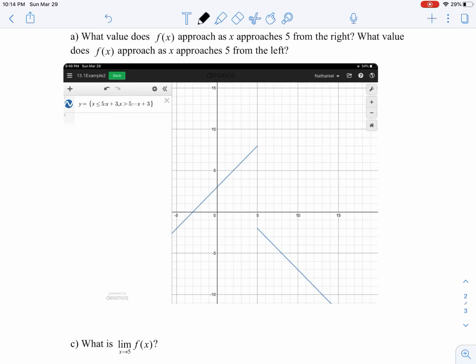There we go. Okay, so as we said, this one right here, that's 8. This one right here, that's -2. So as x is approaching from the left, we're heading towards f of x equal to 8.